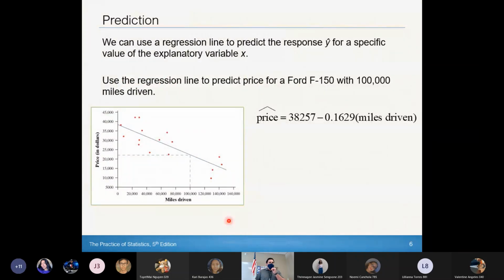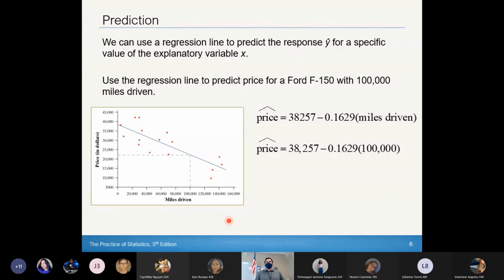We can use a regression line to predict the response y hat for a specific value of the explanatory variable x. We use the regression line to predict price for a Ford F-150 with 100,000 miles driven. So we have price hat equals 38,257 minus 0.1629 times miles driven.